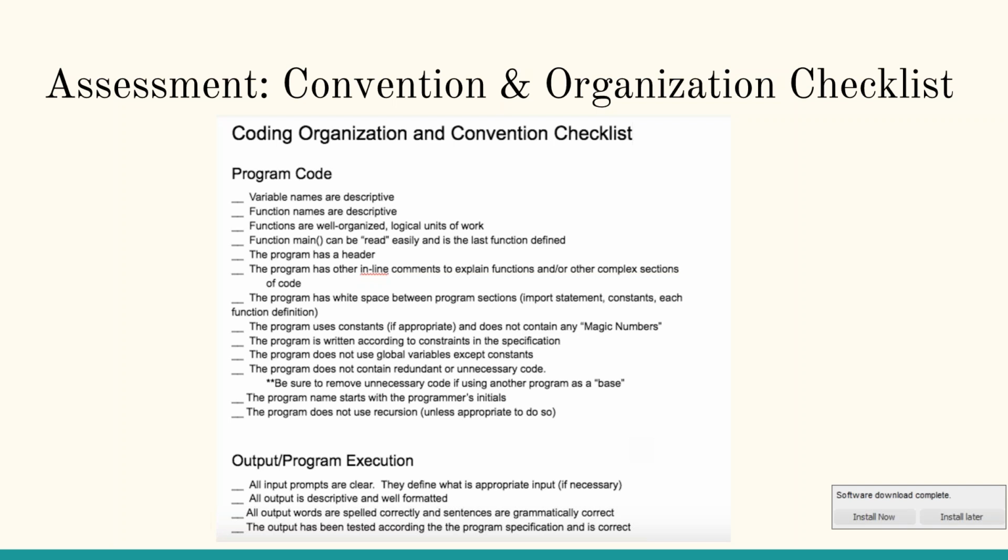I also tell students that if they complete this checklist, and if I can see from their code that it reflects that they've filled in this checklist, they'll get a couple extra bonus points. The reason that I do this is my students that are high achieving or not struggling in the class often have opportunities for extra credit because they finish the code early and go on and write some extensions.